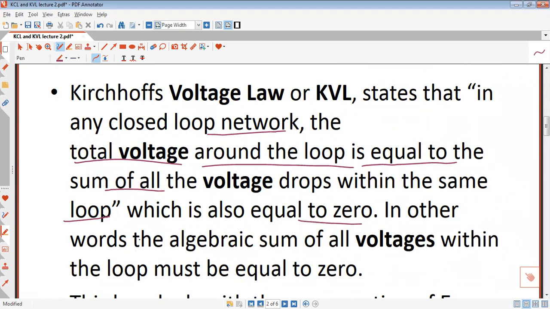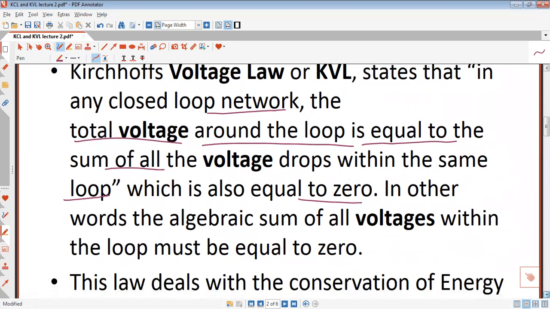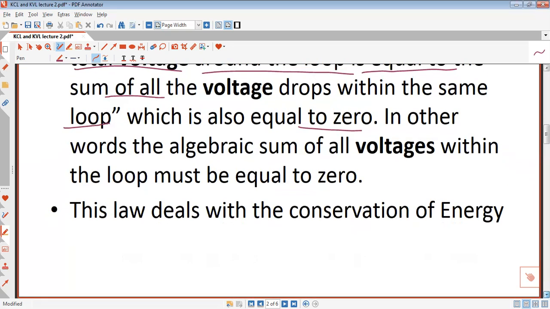In other words, the algebraic sum of all the voltages within the loop must be equal to 0. So the sum of all the voltages in a closed loop must be 0.